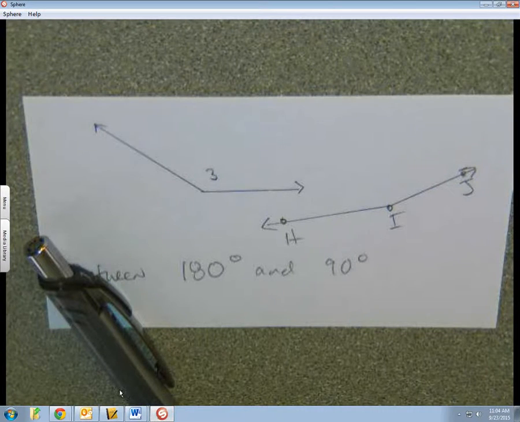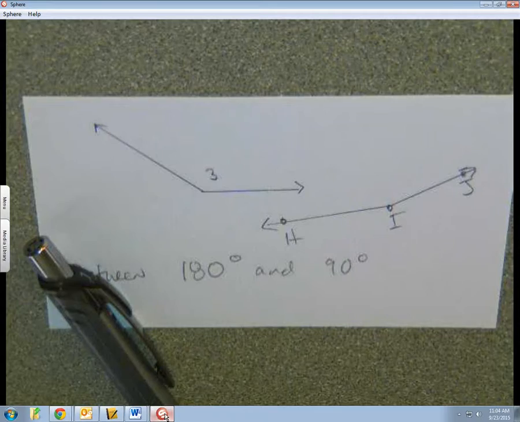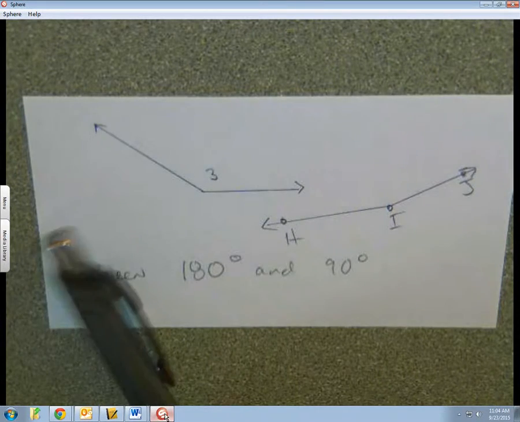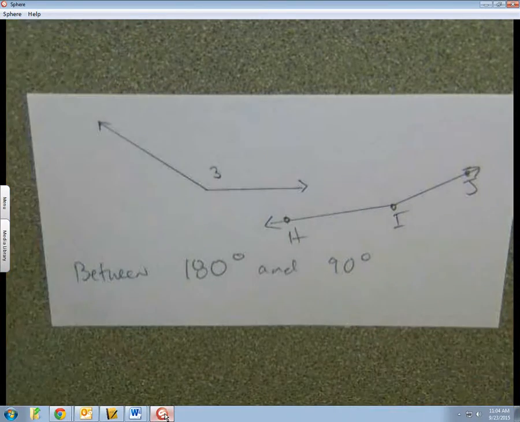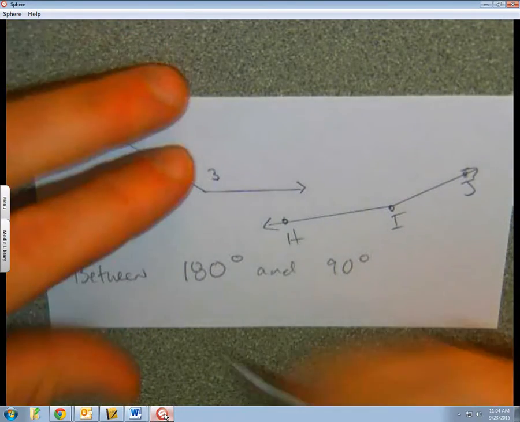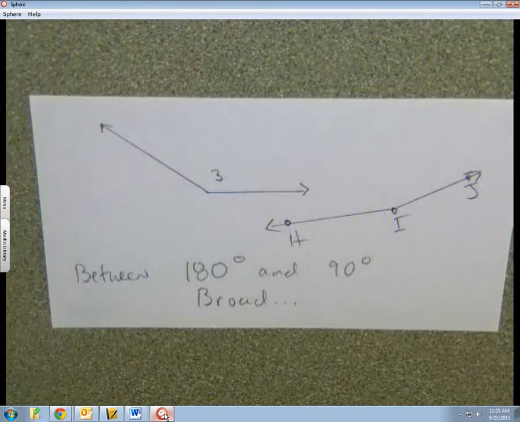So that is that guy. Alright, so Shawshank Redemption, how can you be so obtuse? Out of line, so this is kind of wider than normal or broader. Okay, so there you go.